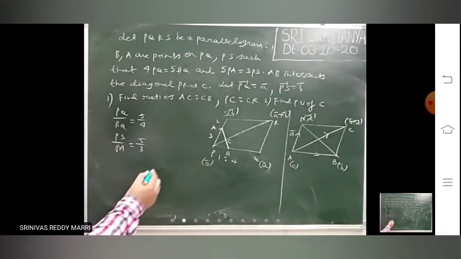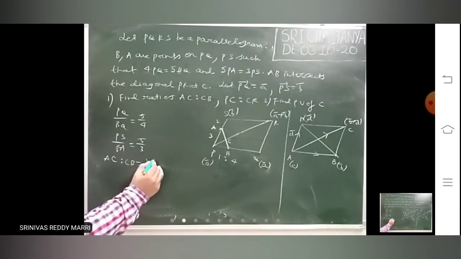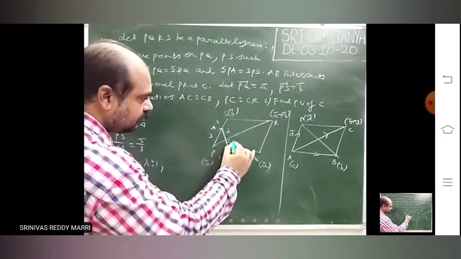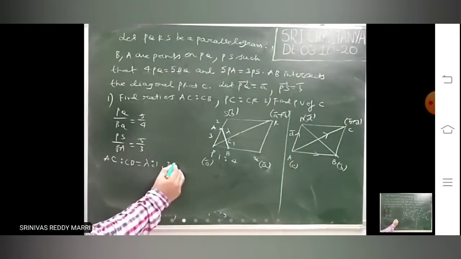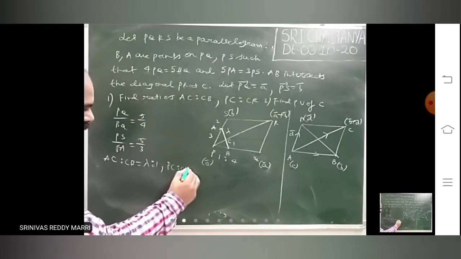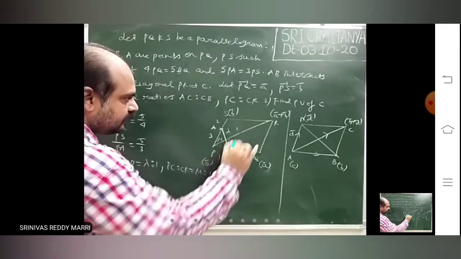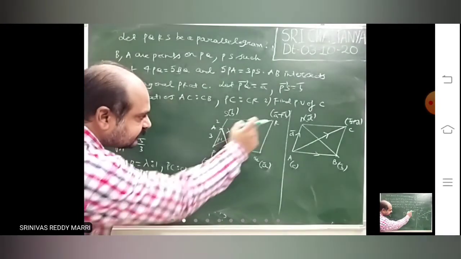What he is asking is the ratio. AC is to CB, let us say lambda is to 1. Then PC is to CR, let us say mu is to 1. Simple. Now C is the intersection point.